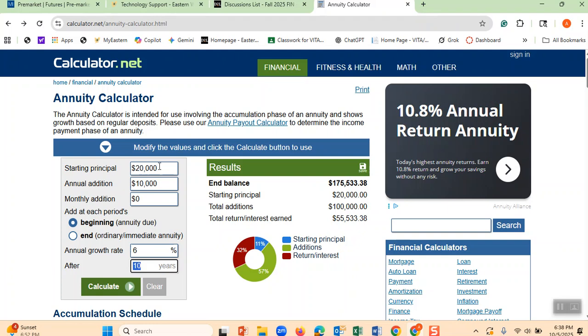Let's say I have $20,000 in my bank, and I feel that from now that I am 55 until I become 65, I can invest $10,000 every year for 10 years. And then the bank is telling me that it gives me 6% interest on it.